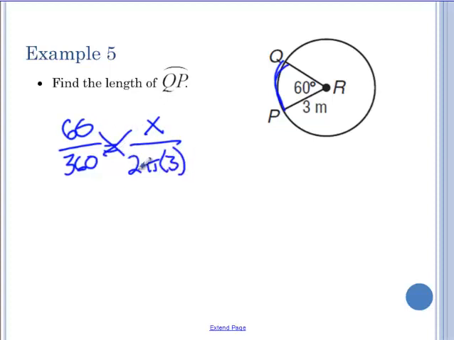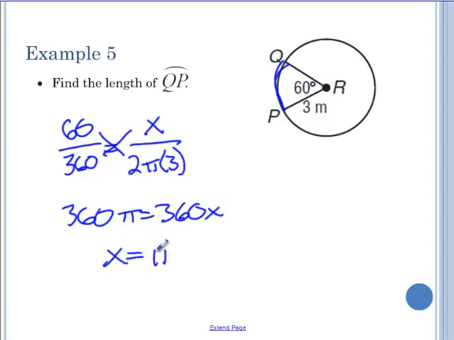We're going to cross multiply. 2 times 3 is 6 pi, so 6 pi times 60 is 360 pi equals 360 times x. There's a 360 on both sides, so when you divide, you get x is pi. So these last three examples that we did came down all to that formula. Do we know degrees over 360 equals arc length over 2 pi r? If we have that memorized, these problems won't be too bad.